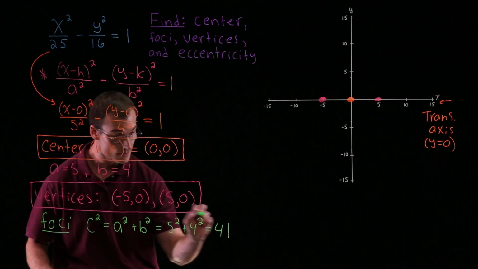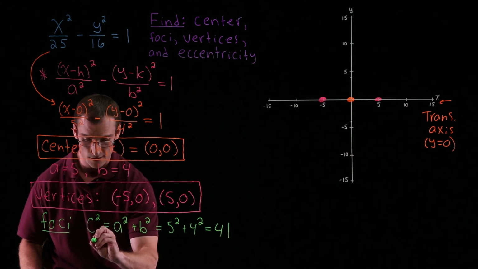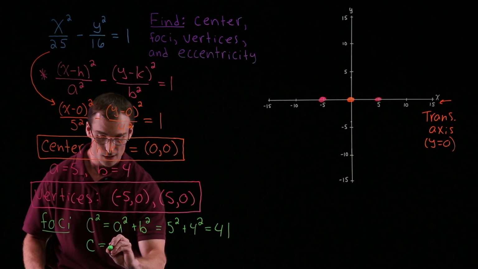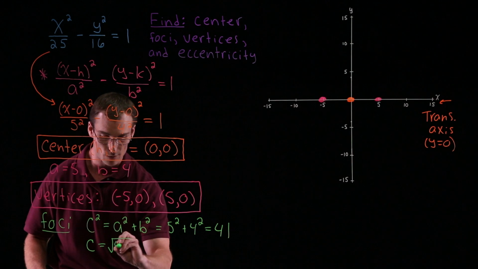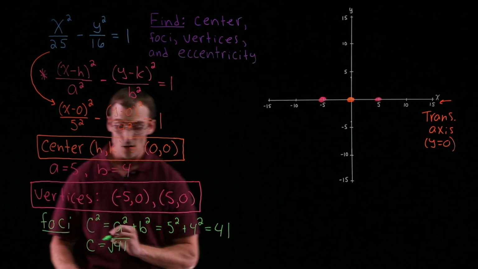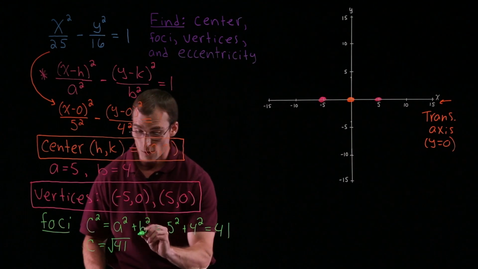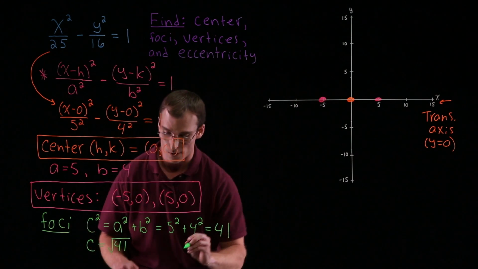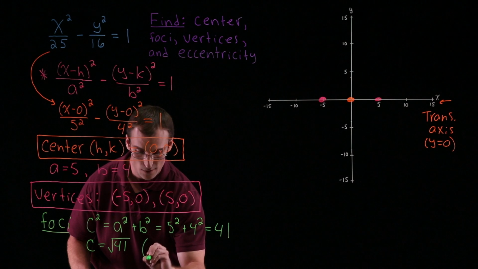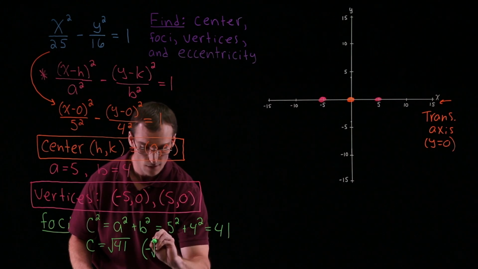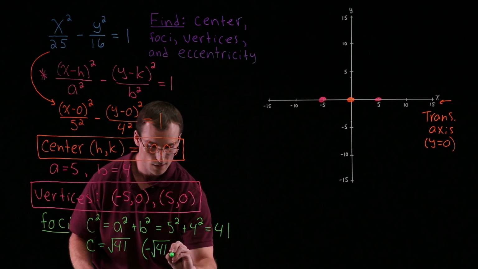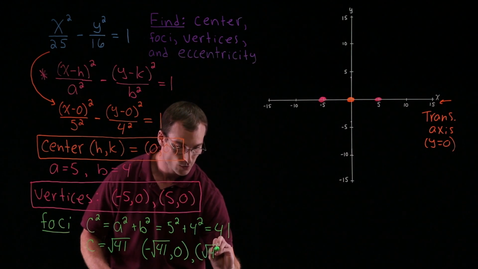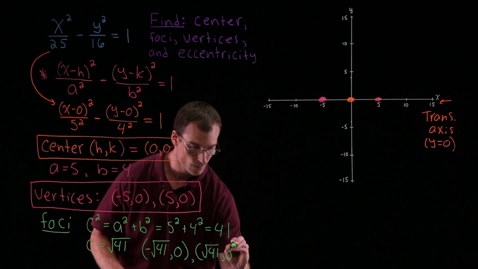Taking the square root of both sides, c being a distance, we take the positive square root, so c is the square root of 41. So our two foci are at (negative square root of 41, 0) and (positive square root of 41, 0).